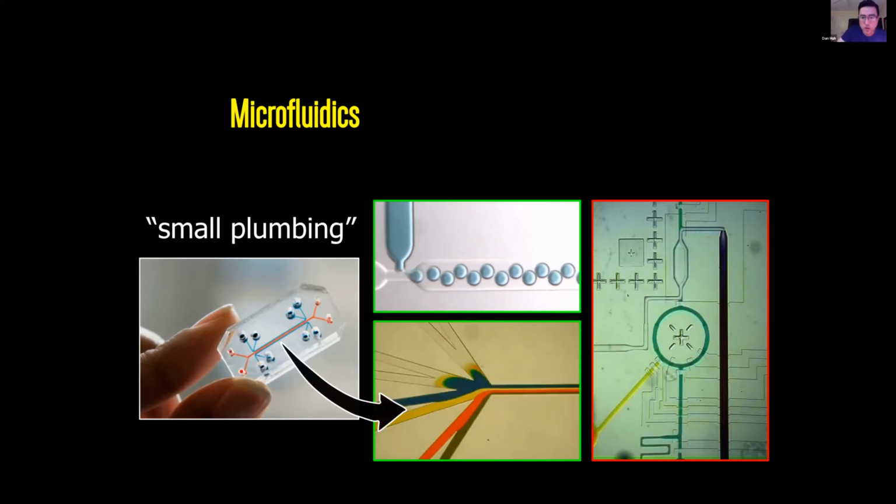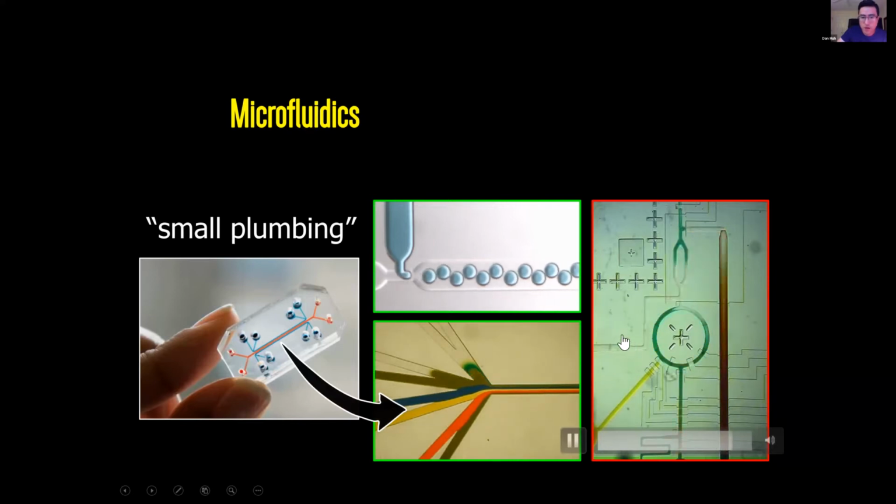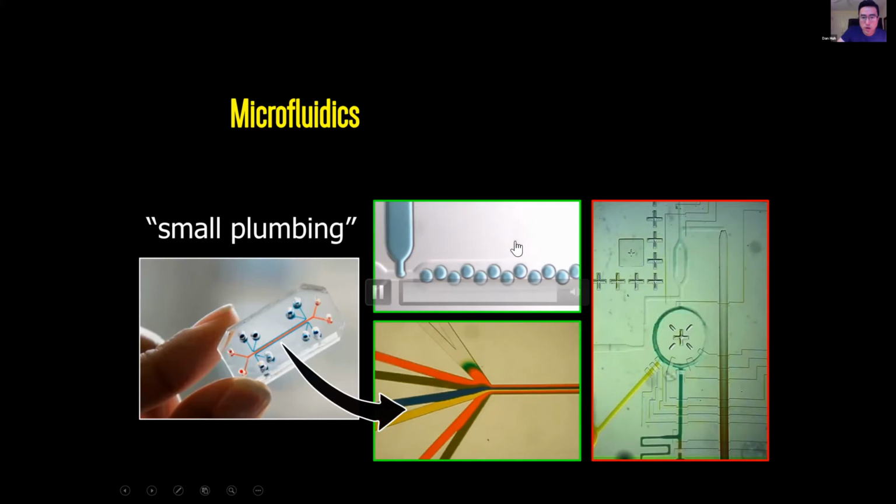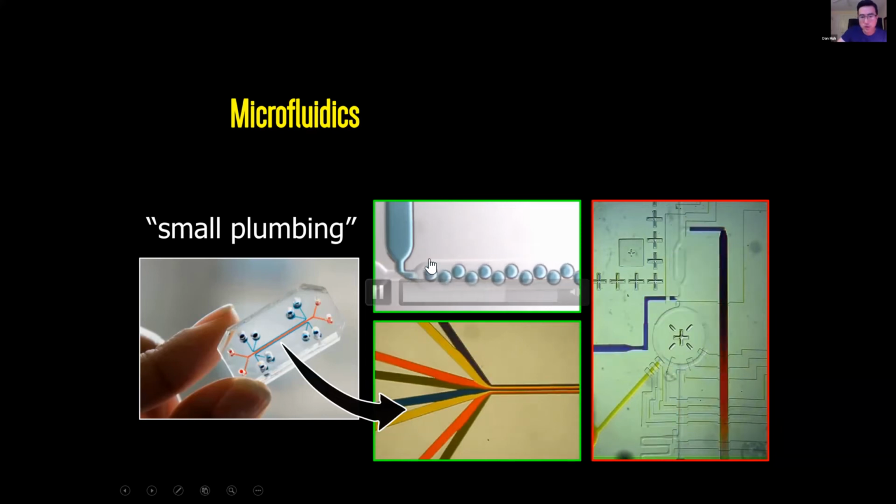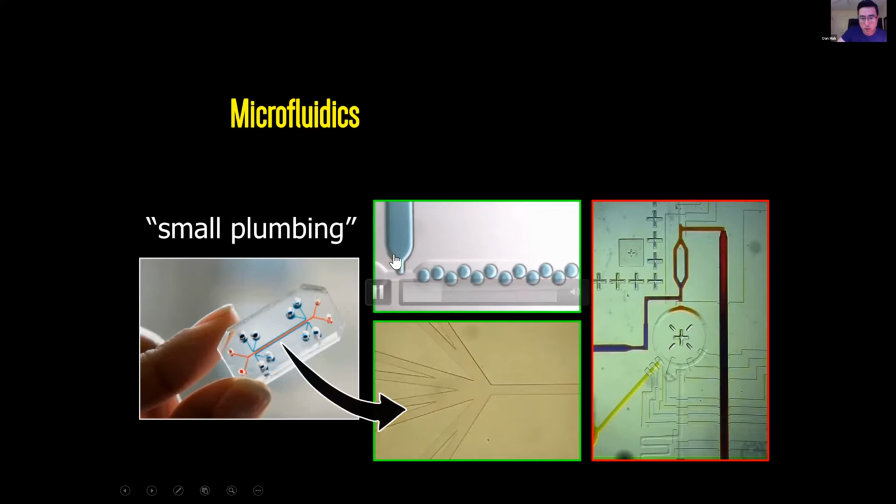So I'm showing here a couple of examples of well-known microfluidic actuations or transport phenomena. You can use this well-designed T-junction geometry in a microfluidic device along with two immiscible fluids. In this case, the water is colored blue and the continuous phase is oil.